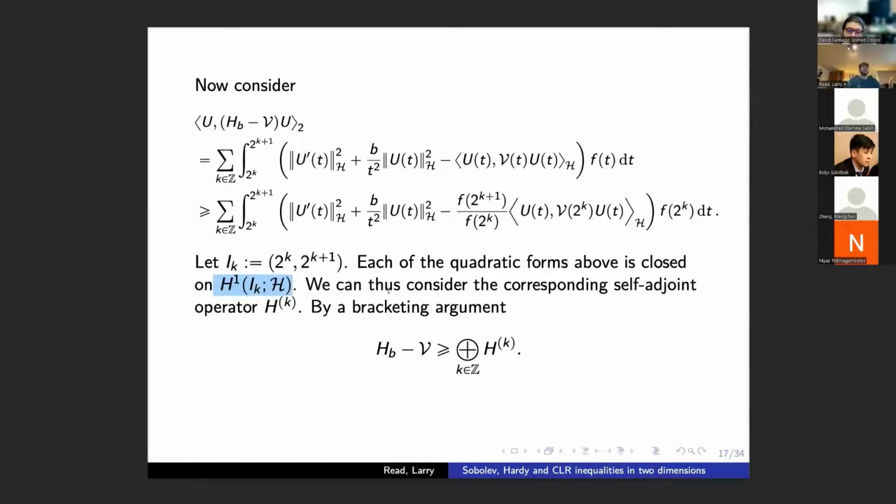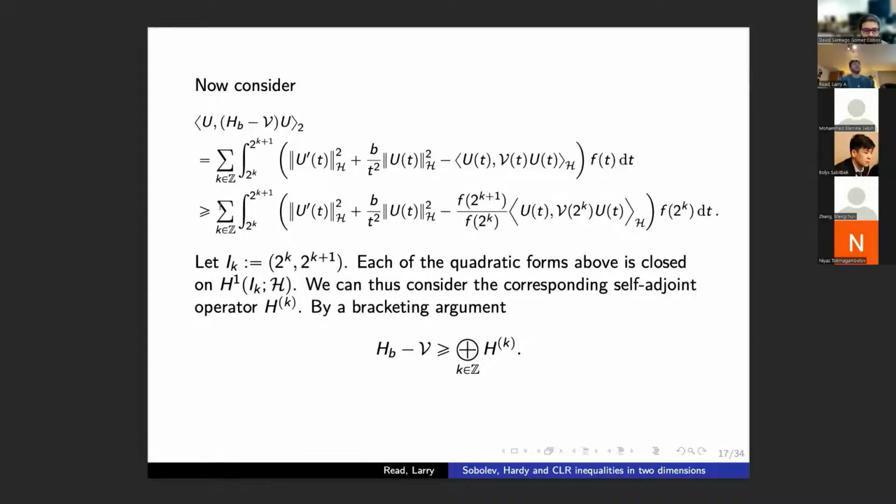So basically what we're doing now is that bracketing argument. So now we have some Schrödinger operator with Hardy term and some constant potential on each interval Ik. And now we're looking at it with Neumann conditions.